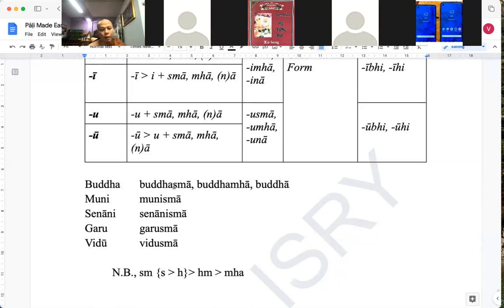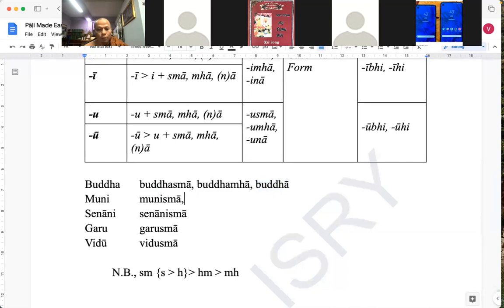So sama is primary, but ma is secondary, changing ha ma to ma ha.